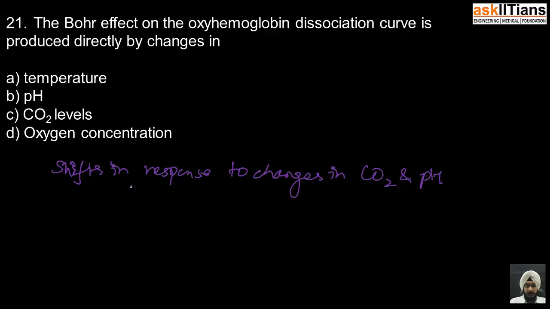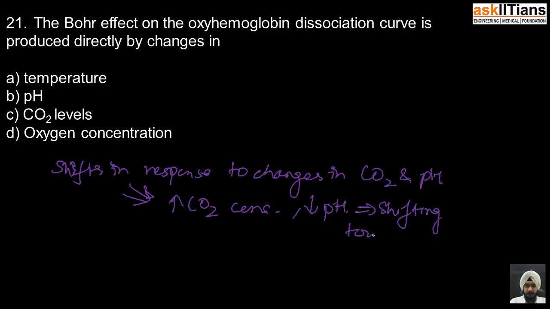So if there is an increase in carbon dioxide concentration or decrease in pH, this leads to shifting of the curve towards the right. Like this, if this is the curve under normal conditions, but if the carbon dioxide concentration increases or the pH decreases, then this curve shifts to the right.